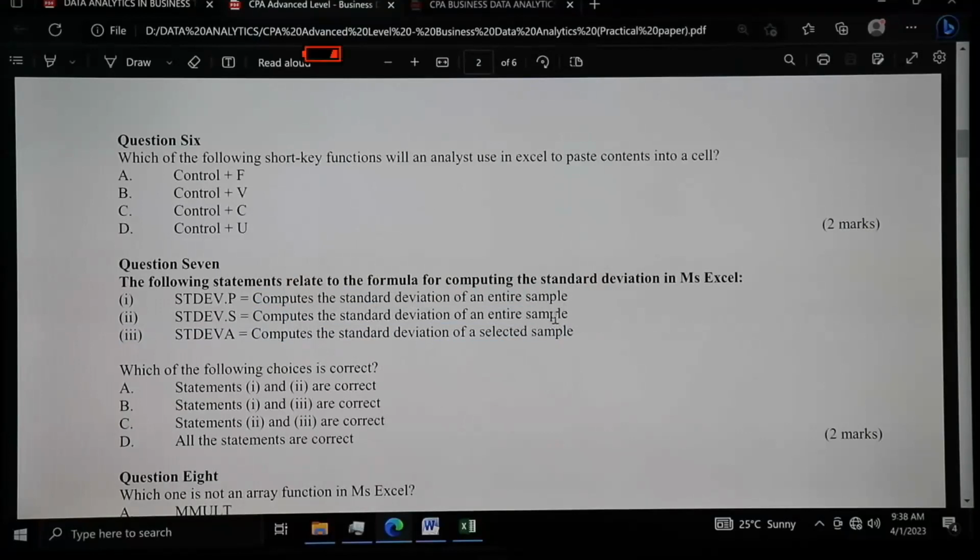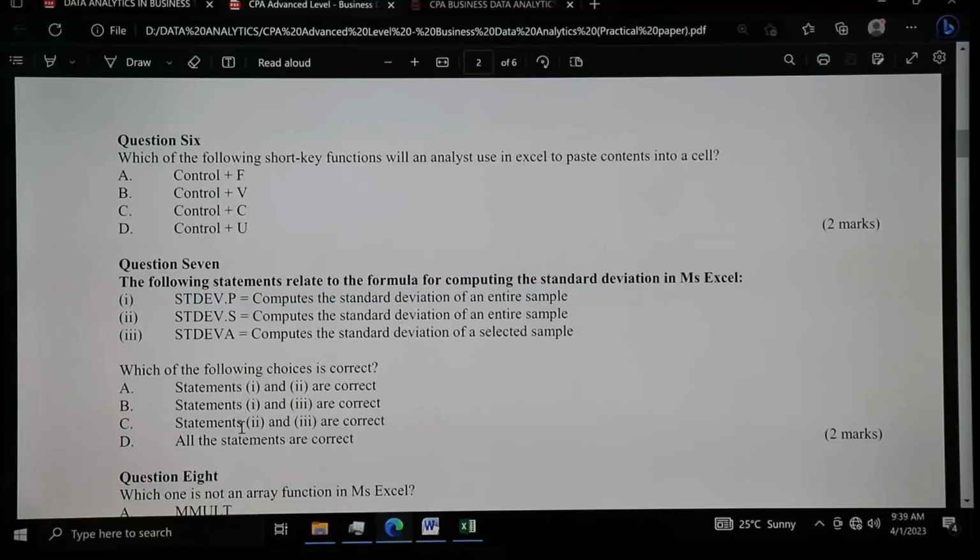After analyzing those three, you can pick 2 and 3. This one is for the entire sample, but .P is for the population. That means if you use the sample here, this one will be wrong. So the correct one is the one referring to the sample, which computes the standard deviation of the selected sample, and that still is correct.